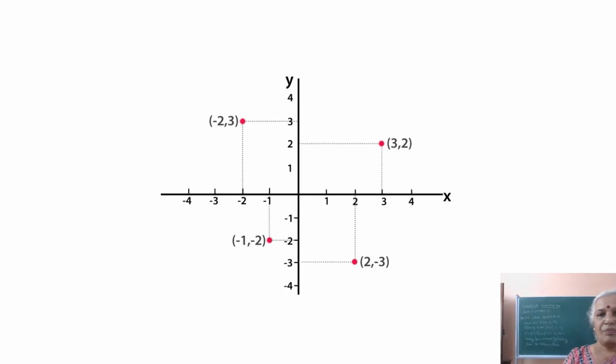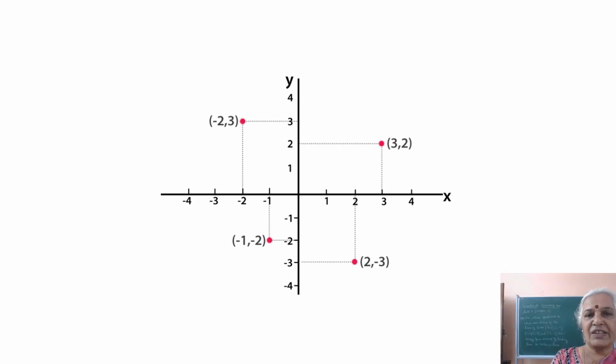Now you see this (3, 2) is marked here, and here the abscissa is 3 and the ordinate is 2. It comes in the first quadrant. And for (-2, 3), we have marked -2 on the left side. We have gone -1, -2, and plus y comes on the top.